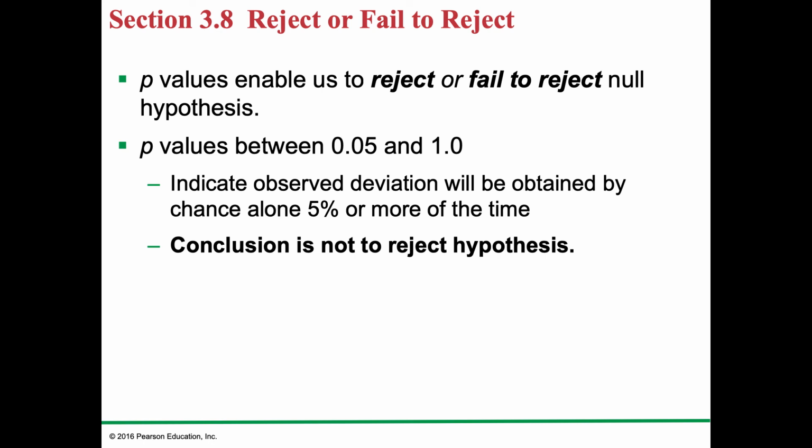If you see a p-value greater than 0.05, that means that it's by chance alone, basically, is what they're saying. And so you do not reject your hypothesis. You want it to be less than 5% probability of chance alone in order to reject your null hypothesis.